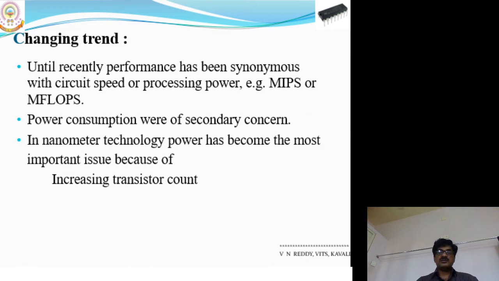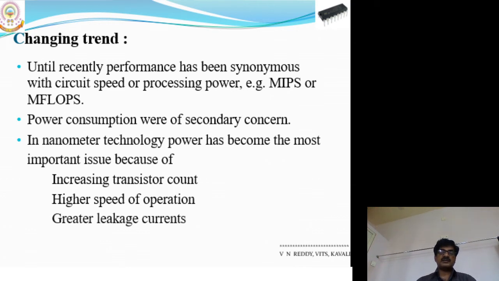In nanometer technology, the transistor count is increased and the speed of operation also increases. The power consumption is directly proportional to the speed of operation, so if the speed of operation is high, the power consumption is also high. Another thing is leakage power, which is because of leakage currents.